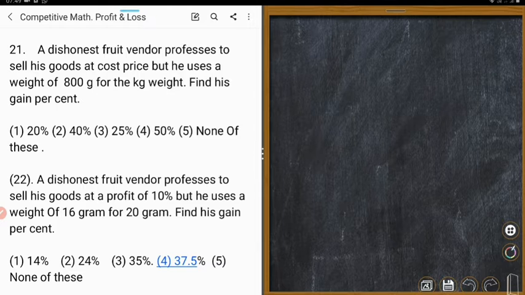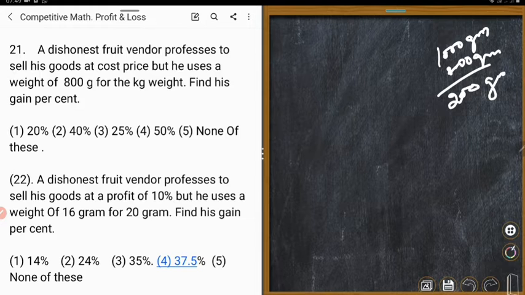But the problem is that he uses a weight of 800 grams instead of 1000 grams. The profit is here. 1 kg is 1000 grams, minus 800 grams is equal to 200 grams. Could you understand?